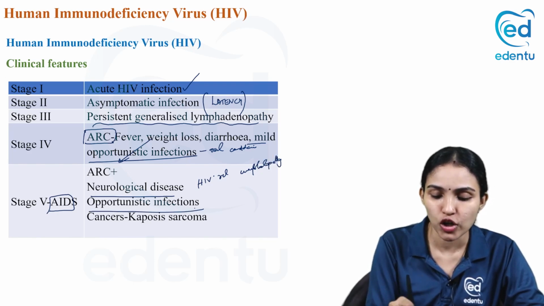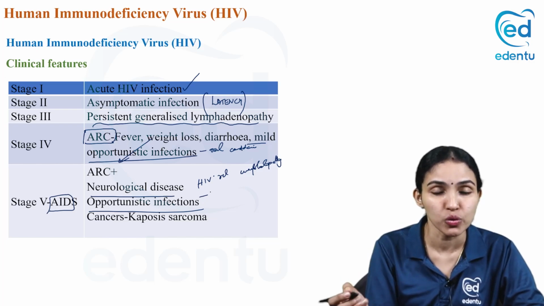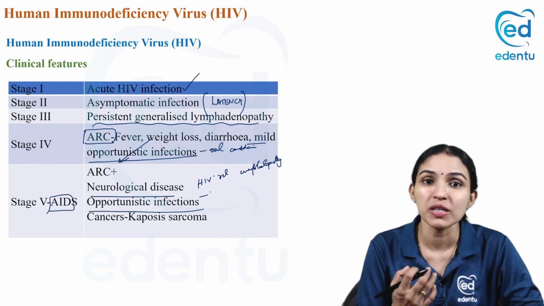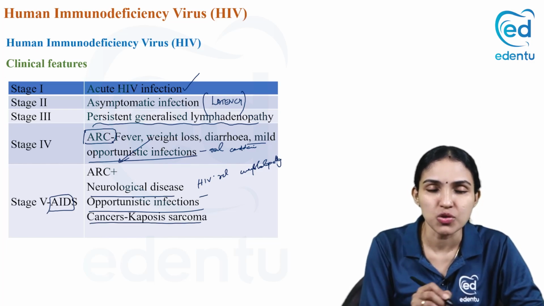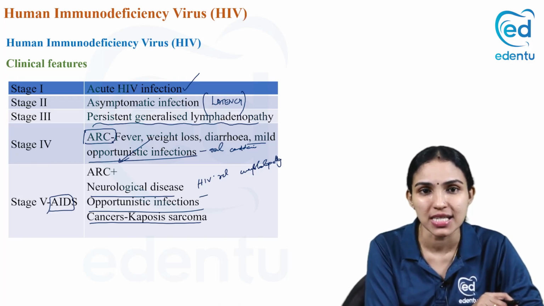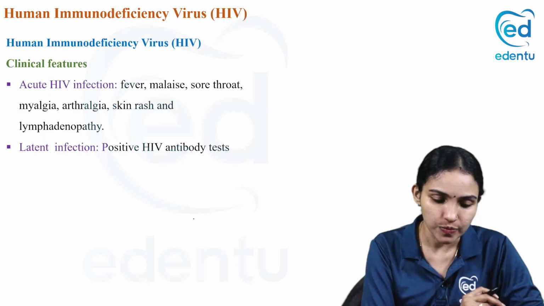They can cause severe opportunistic infections, it can be Cryptococcus, Pneumocystis, CMV, Mycobacterium, atypical mycobacterial illness and so on. And certain cancers can be associated with HIV, that is Kaposi sarcoma. All these are seen in this last stage when the patient develops full-blown AIDS.